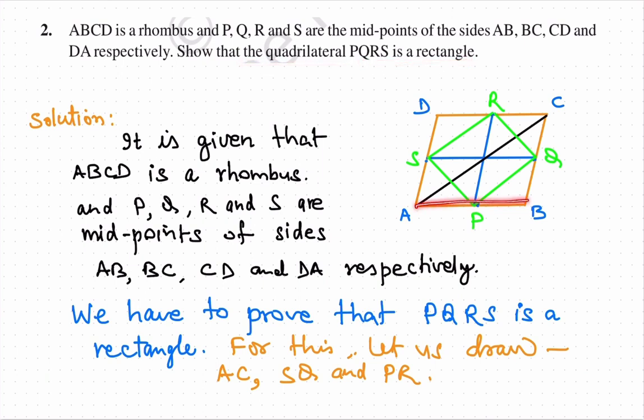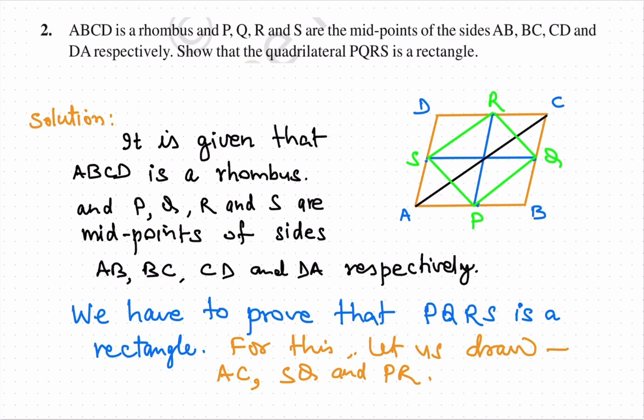So we are given ABCD is a rhombus and P, Q, R and S are the midpoints of the sides AB, BC, CD and DA. After joining these points, we get a quadrilateral and we have to prove that this quadrilateral becomes a rectangle.